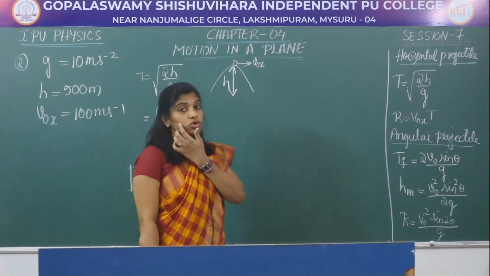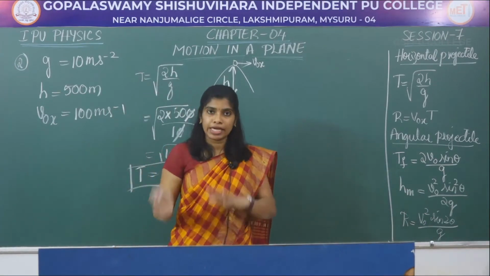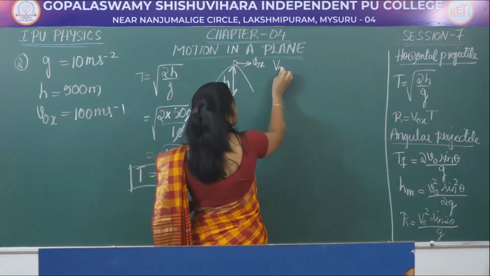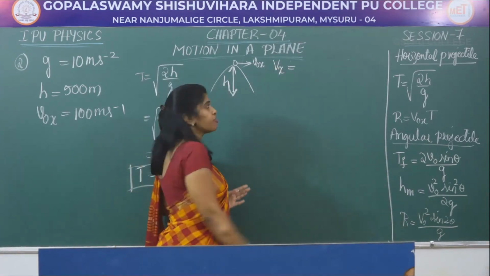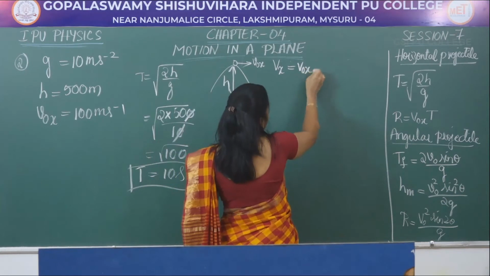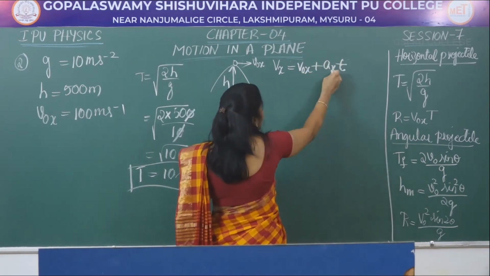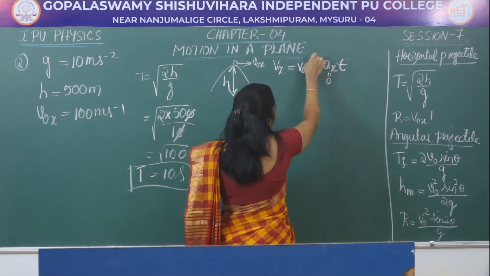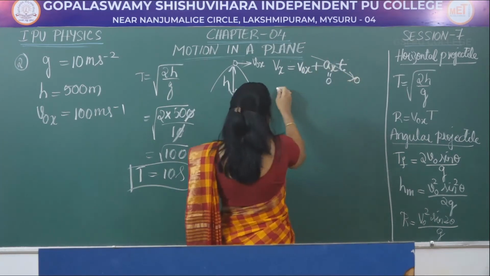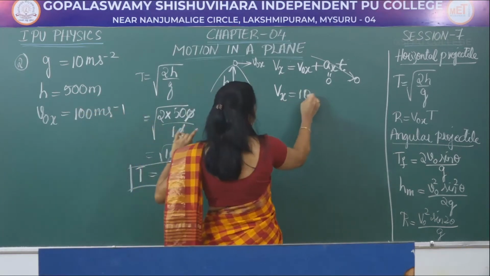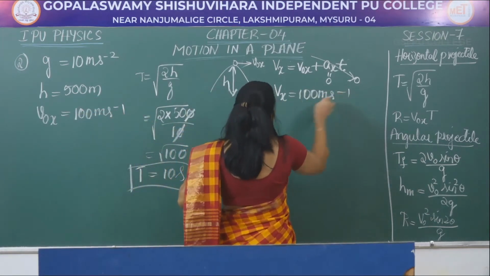Now we have to find out the velocity with which the particle comes down to the ground. Therefore, let us find out the x component of the velocity first, which is v naught x plus ax t, but here ax is equal to 0. Therefore, this term becomes 0. Then Vx is nothing but v naught x, that is 100 meter per second.